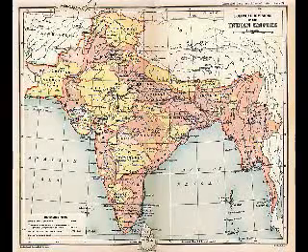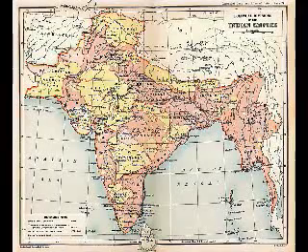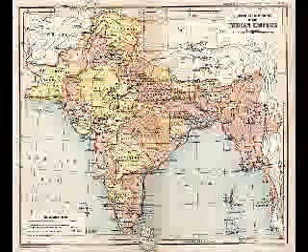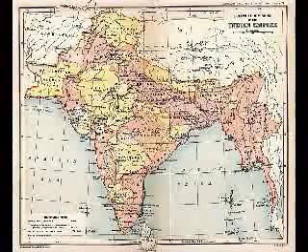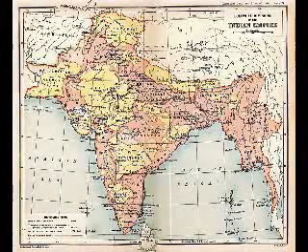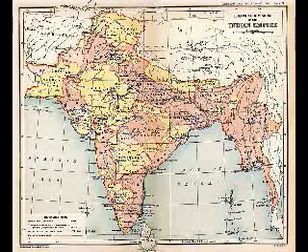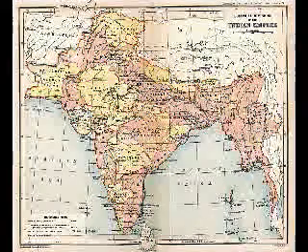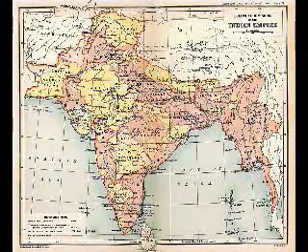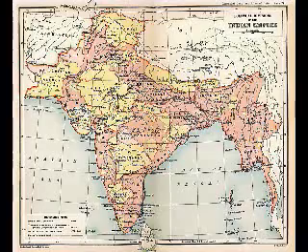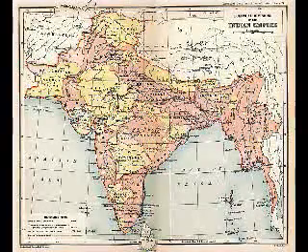Side heading 5.4.1 The new administrative setup. By the Act of 1858, India was to be governed directly by and in the name of the Crown through a Secretary of State in England.